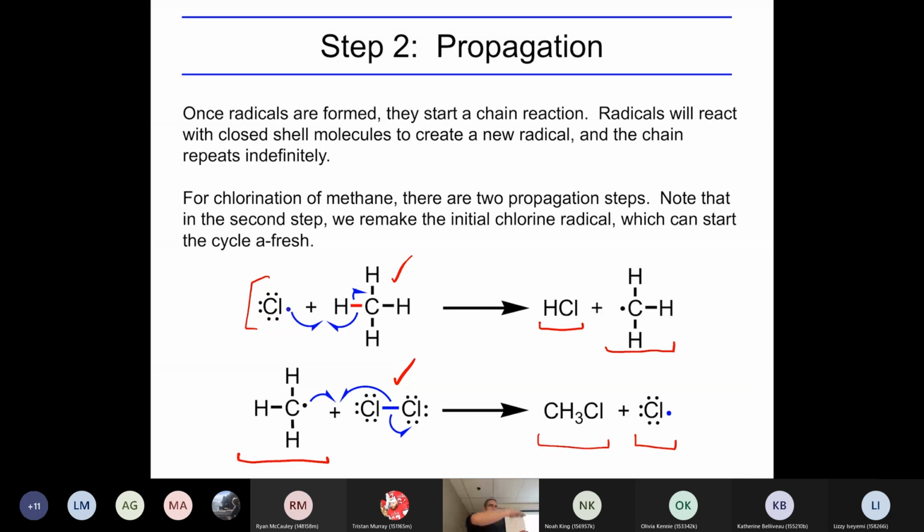It's not like there's a start, there's an end, and the story is complete, you have your products. You can't draw this in a nice closed container. This is why we call these a chain reaction. Once you start it off, it just keeps going and going and going. Every step produces a molecule of HCl and a molecule of CH3Cl. This will proceed until you've run out of starting materials, ideally.